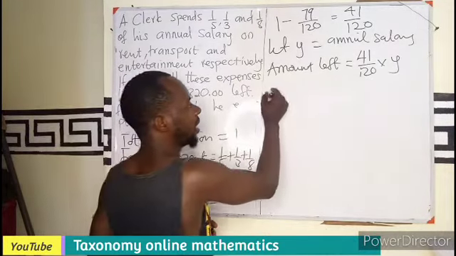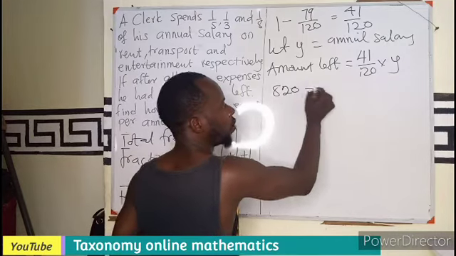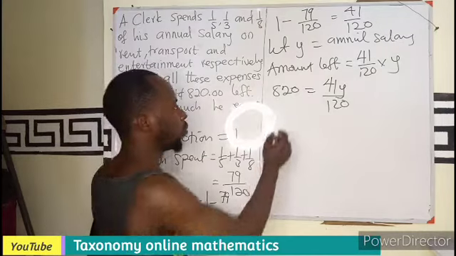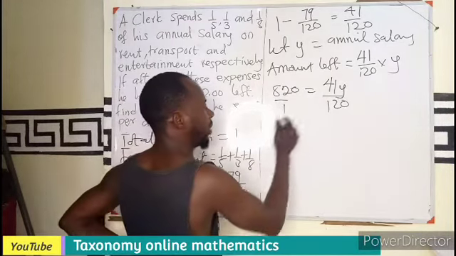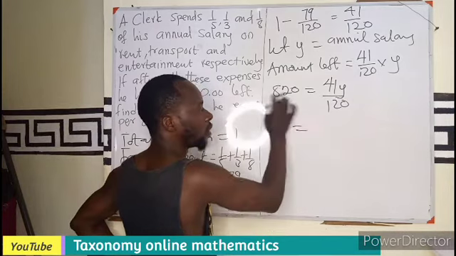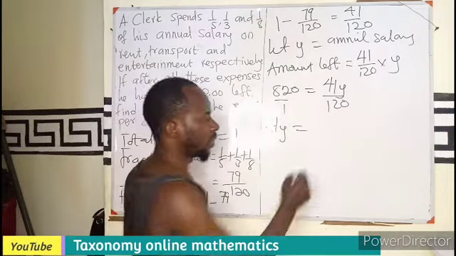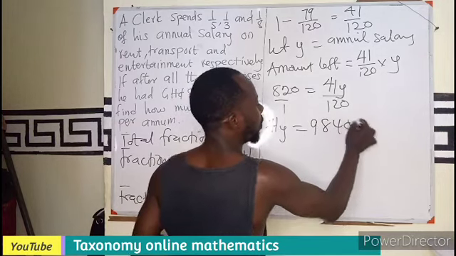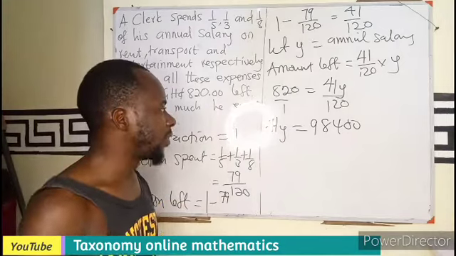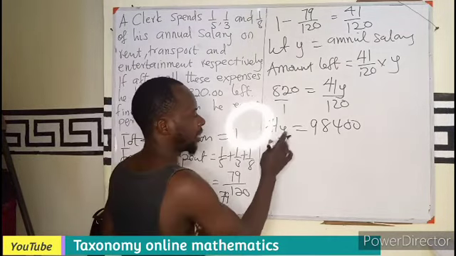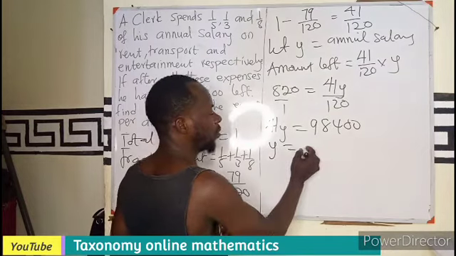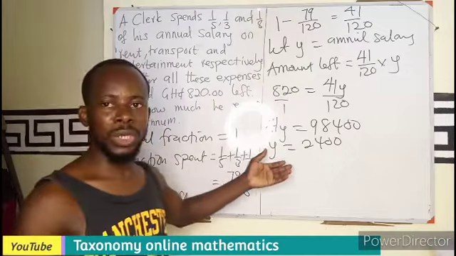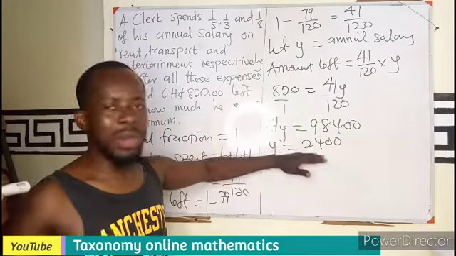So that is going to be 820 equals 41y over 120. Then we cross multiply. This becomes 41y equals the previous calculation. When you multiply this, we get 98400. 98400. If you divide through by 41, it means y is going to be 2400.